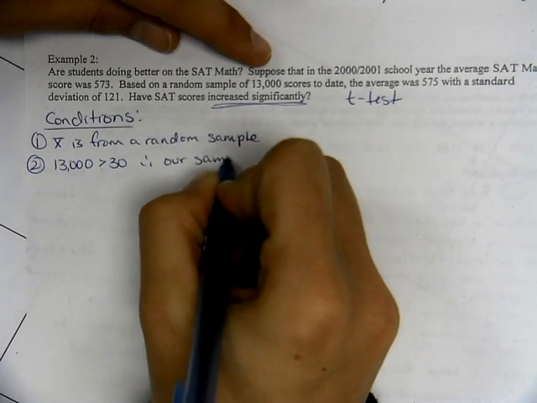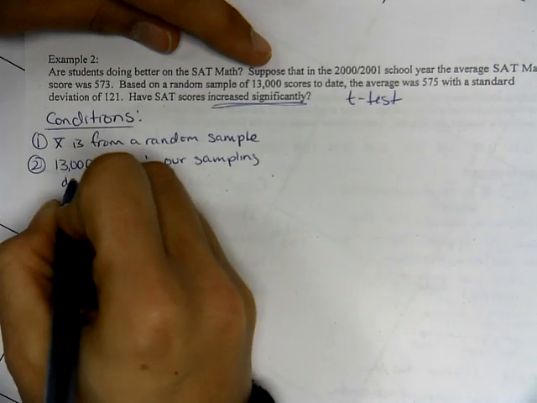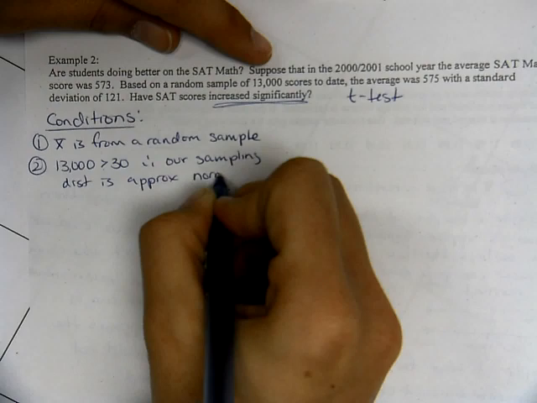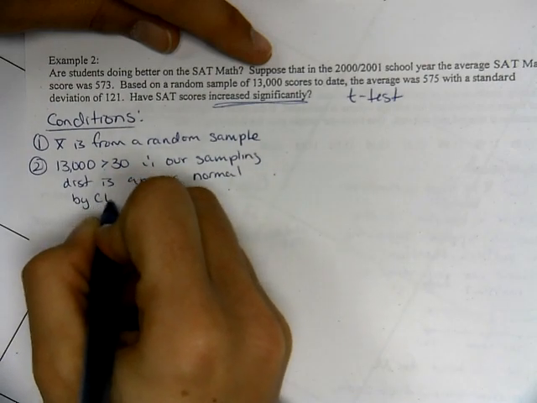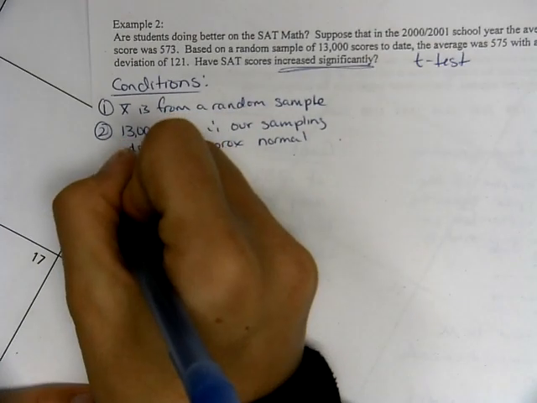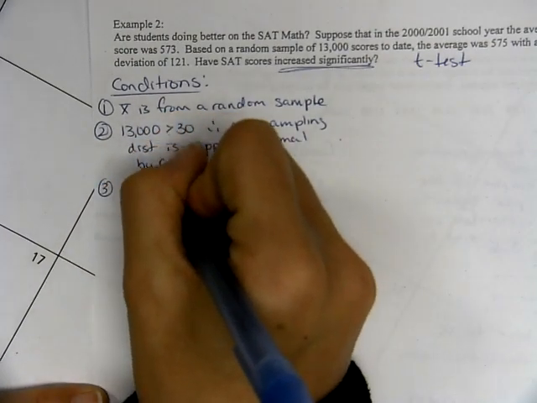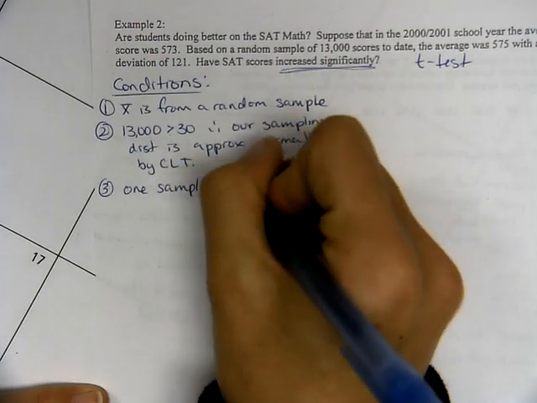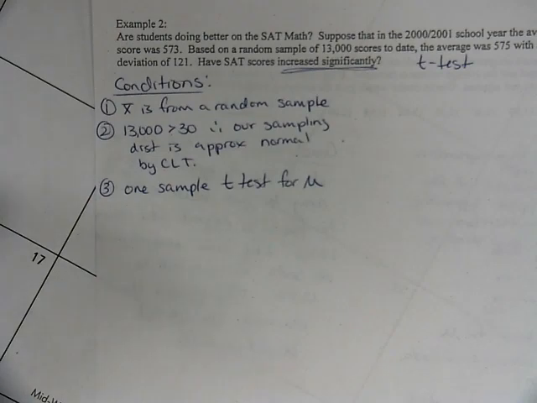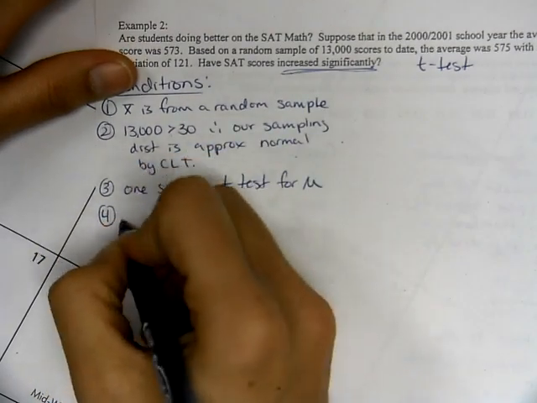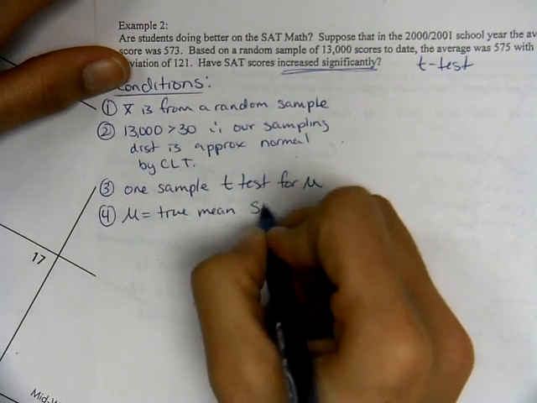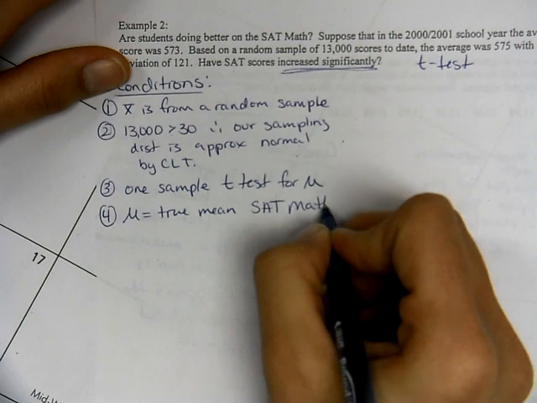Therefore, our sampling distribution is approximately normal by the central limit theorem. And again, it's a one sample t-test for mean. And mu is the true mean SAT math score.